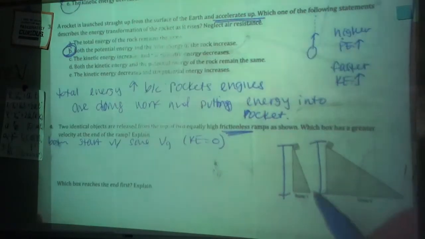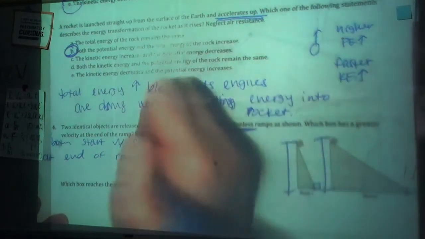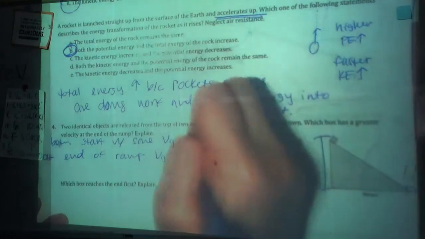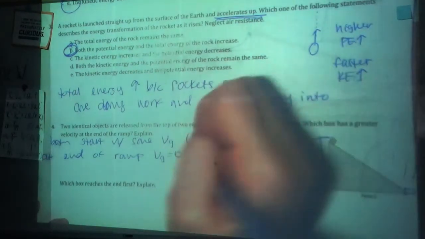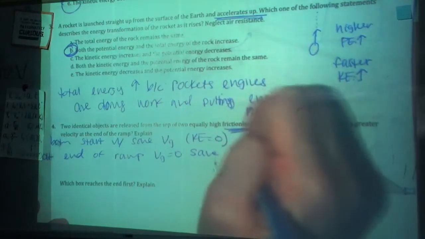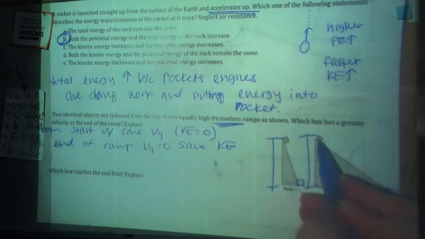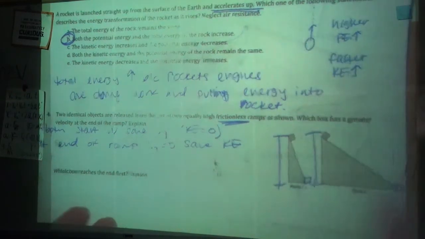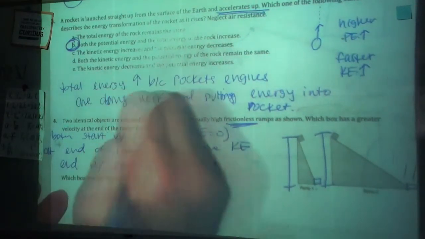And at the end of the ramp, that's going to be on the ground, so UG would be 0. And assuming that it's frictionless, so they didn't lose any energy to friction, they must have the same kinetic energy, because all of the potential at the beginning went into kinetic. If they have the same potential, then they have the same kinetic. And if they're identical and they have the same kinetic energy, then they end with the same velocity.